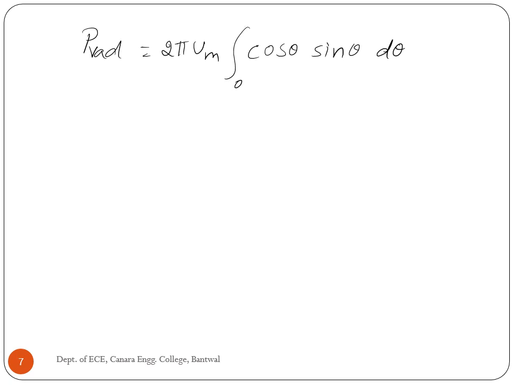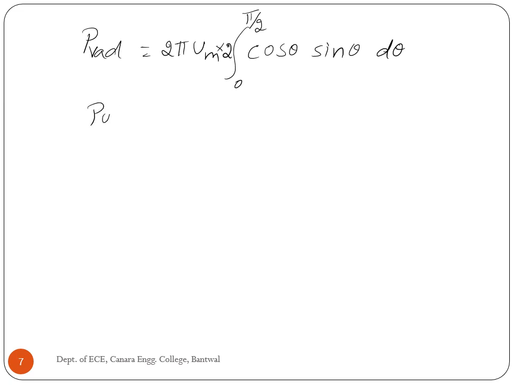That's why I have to change the limit. I'll multiply by 2 and change the integral limit to 0 to pi by 2. Now 2 into 0 to pi by 2 is equal to the integral of 0 to pi. I'll continue here.